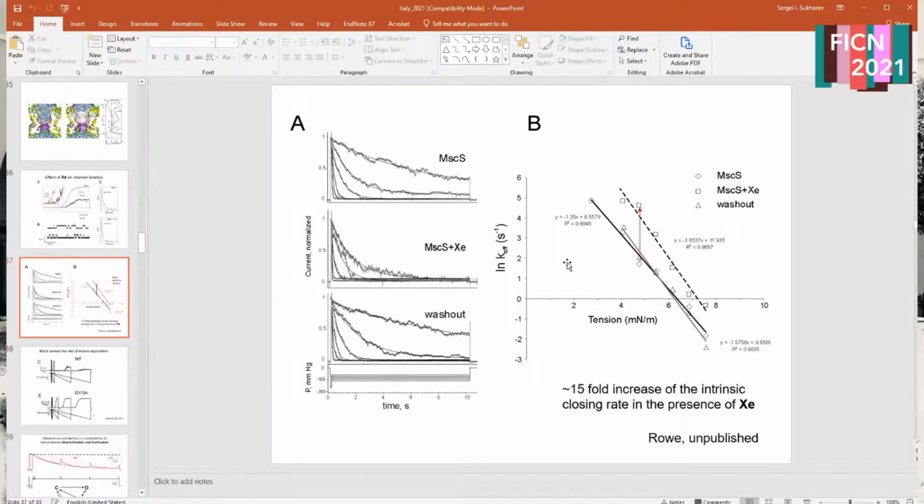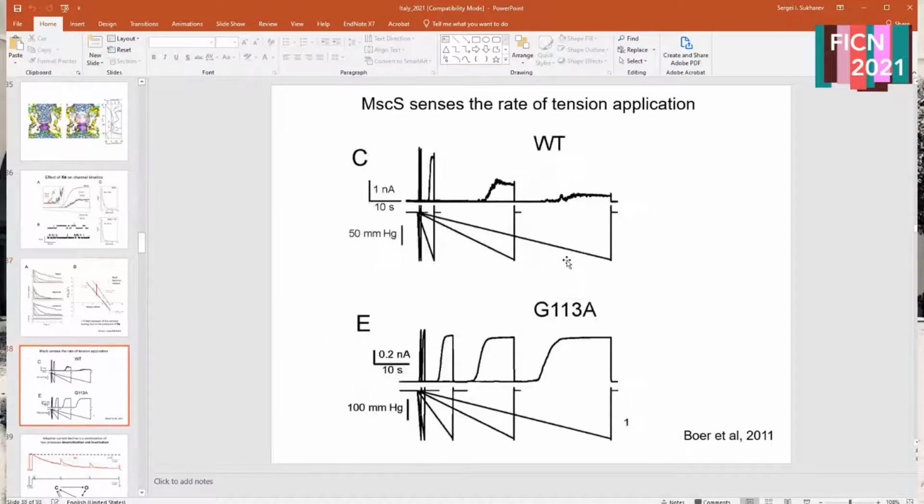I would continue now with another interesting phenomenon, which is inactivation. So what we have here is a wild type subjected to linear ramps. With a very sharp ramp, the full population opens completely. But with slower and even slower ramps, we see that only a small fraction of channels actually opens.